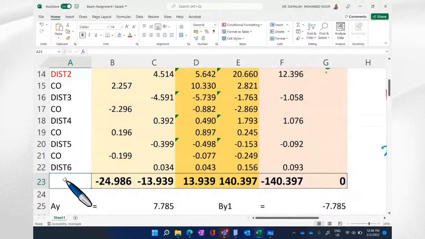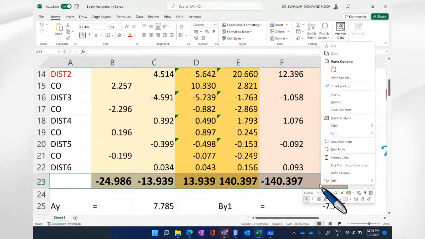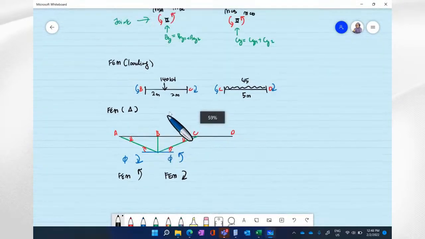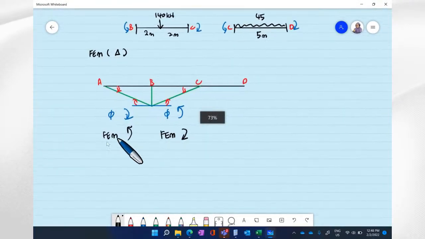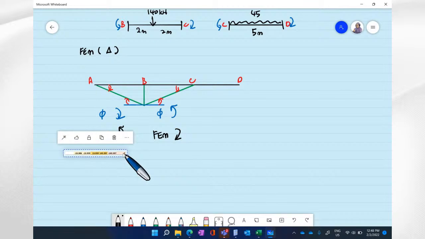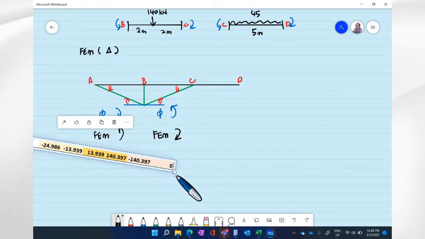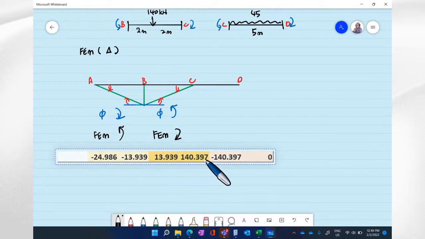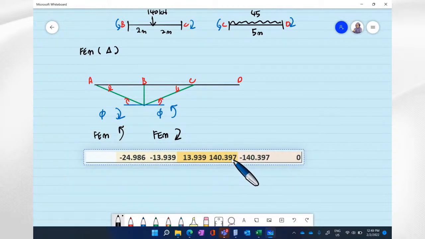This is the moment that we get from the distribution table, and I want to paste it here.